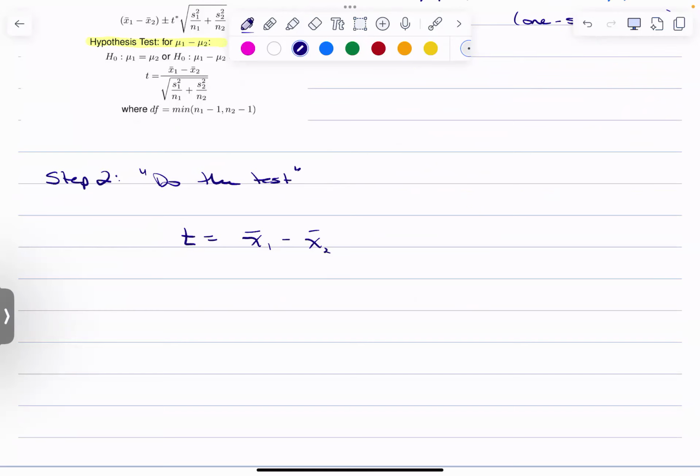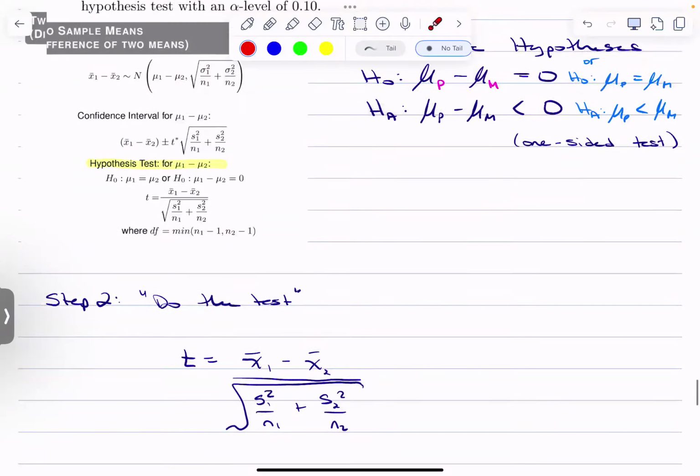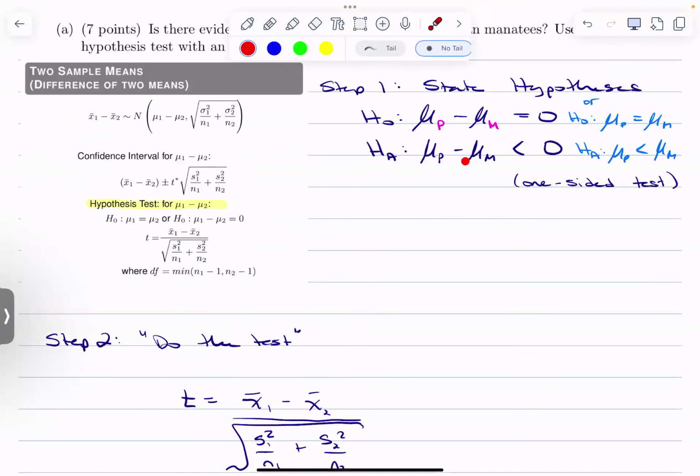X1 bar minus X2 bar divided by the square root of S1 squared over N1 plus S2 squared over N2. So here, I've dropped the question-specific subscripts, but it is expected that you keep the same order. So platypuses will be group 1 and manatees will be group 2. But this is really annoying to write out with question-specific subscripts, so I don't expect that. You don't have to do that. You do have to do it in your hypotheses. And then you keep that same order.